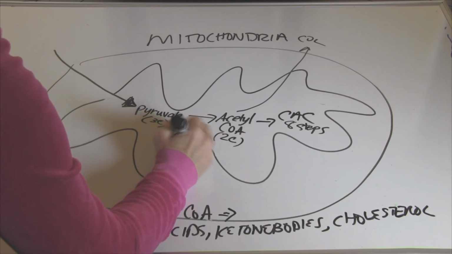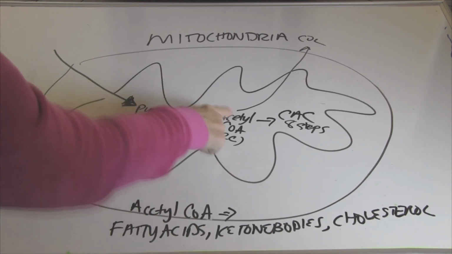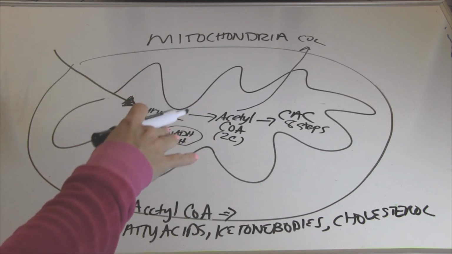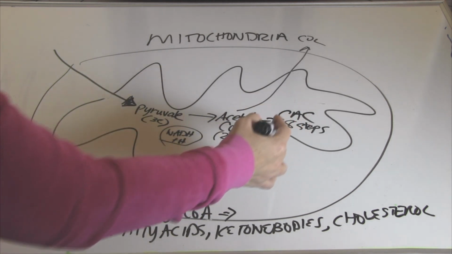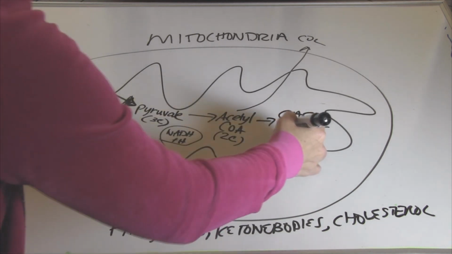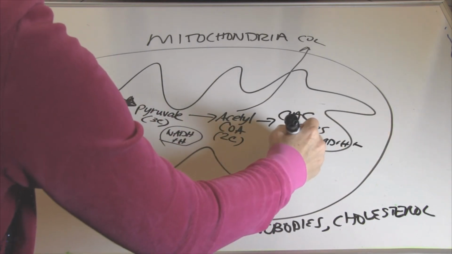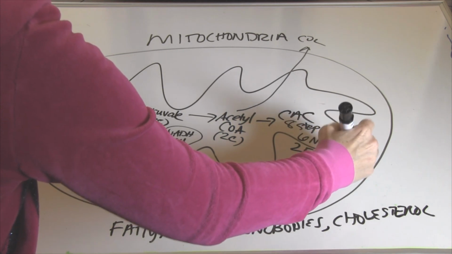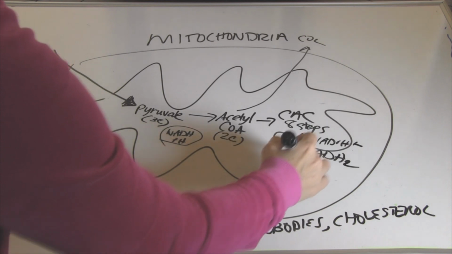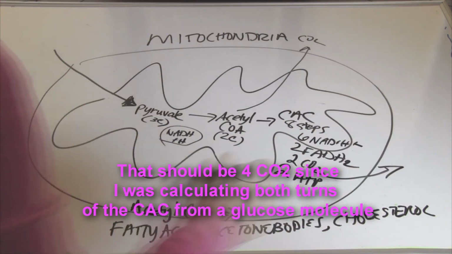We do have a reduced NAD produced from this oxidative decarboxylation here. Again, we'll go into details in a minute. From the citric acid cycle, we're going to have a net production of 6 NADH plus H, 2 FADH2, 2 CO2 molecules, and 2 ATP molecules.